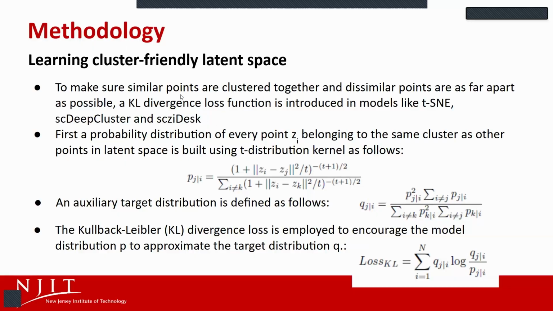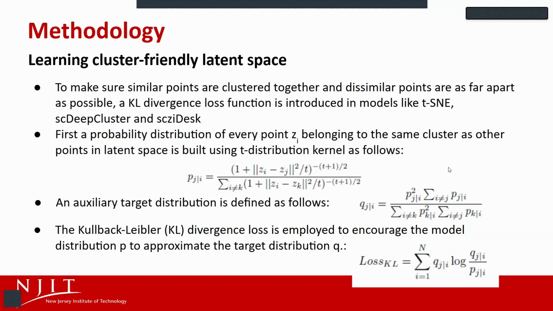Next, to make sure similar points are clustered together and dissimilar points are as far apart as possible, KL divergence loss function is introduced in models like TSNE, SDE cluster, or SCZI-DESC. How this works is that first a probability distribution of every point Zi belonging to the same cluster as other points in the latent space is built using a T distribution kernel as follows.